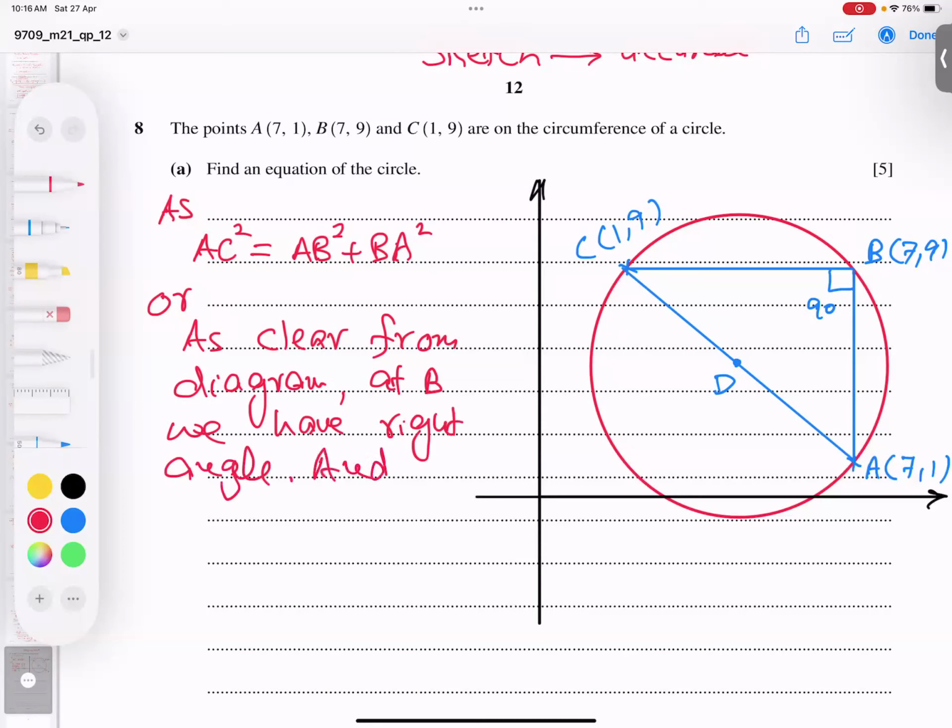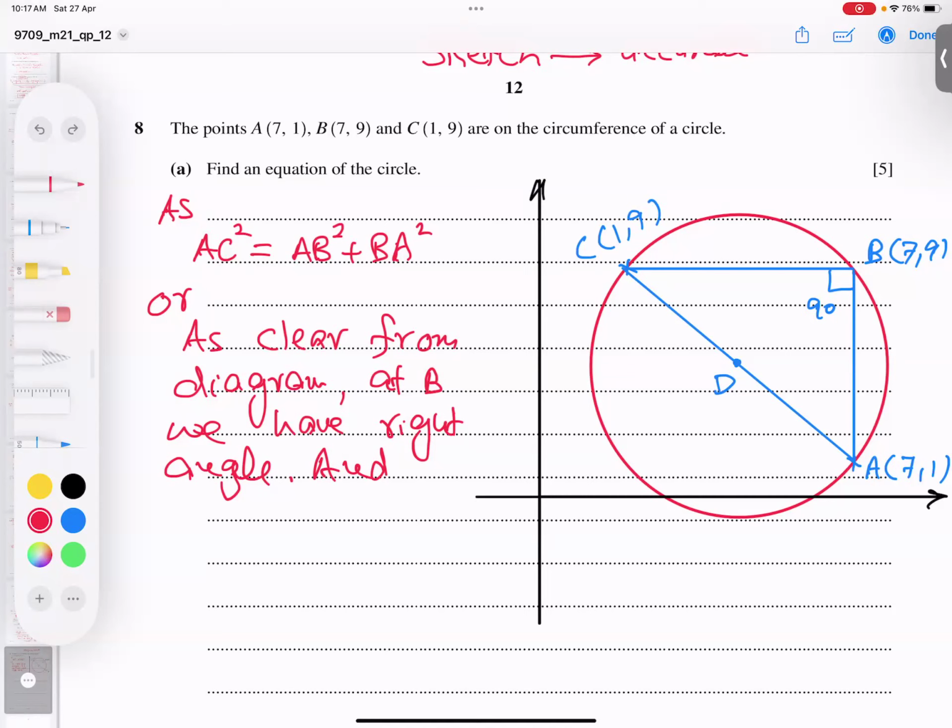And yes, you can say that it is a right angle triangle, a triangle in a semicircle.